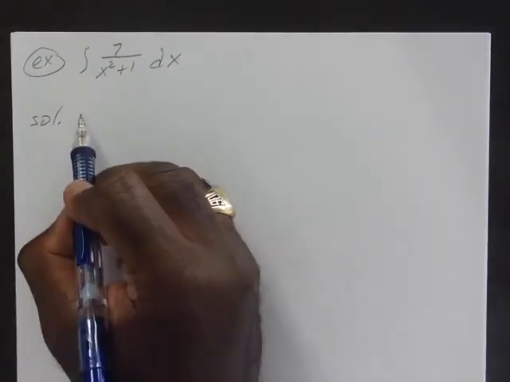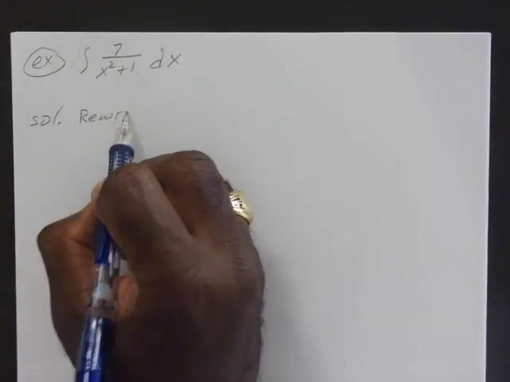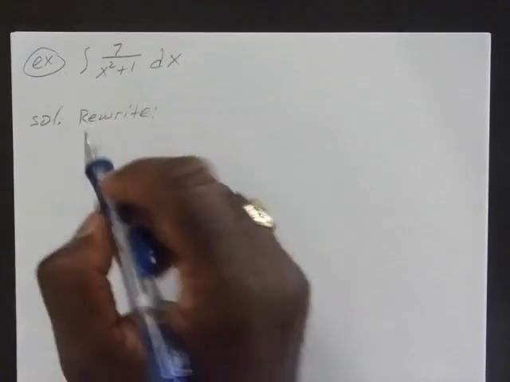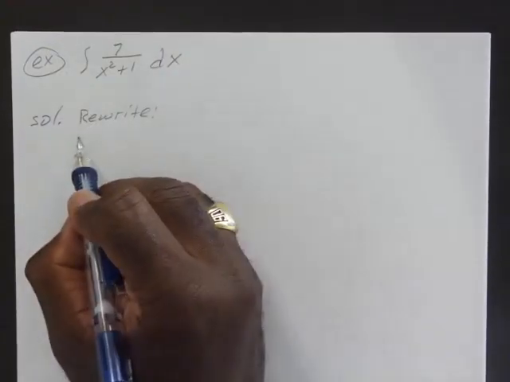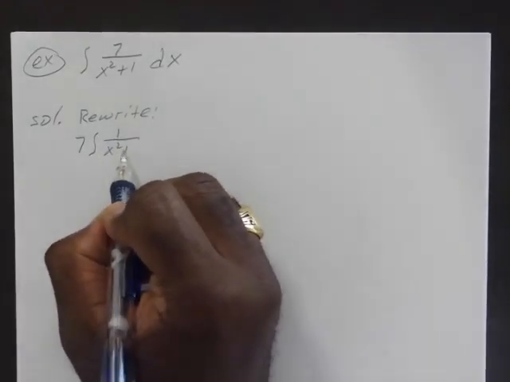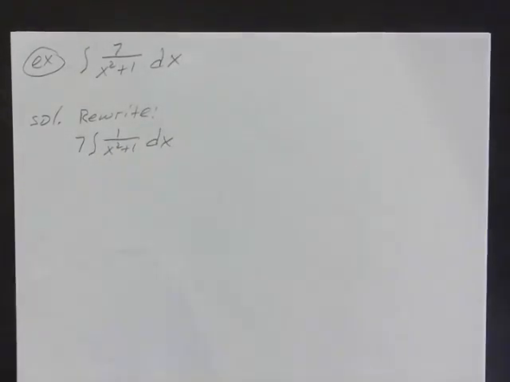Okay. So with this one, we can rewrite it by bringing that 7 and factoring it out to the front. So 7 times the antiderivative of 1 over x squared plus 1 with respect to x.